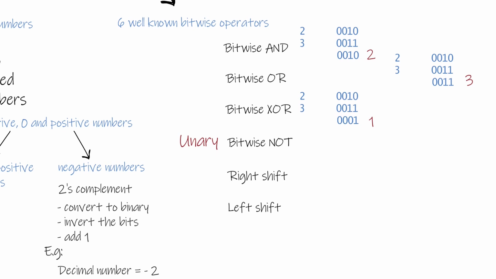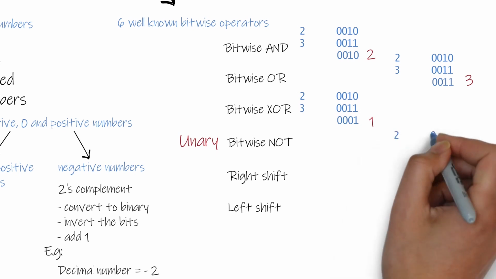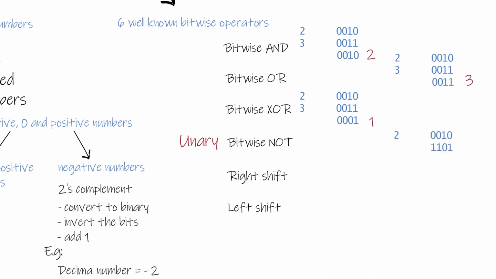Bitwise NOT just flips or inverts all the bits. Applying bitwise NOT on 2 will give us 1101, which is equal to -3. Right shift and left shift operators just shift the bits to right or left respectively by a given number of bits.